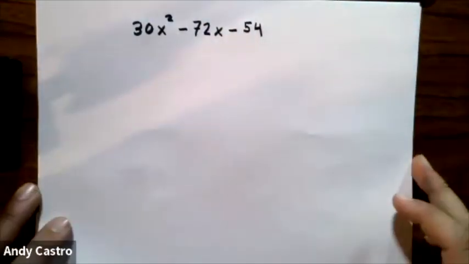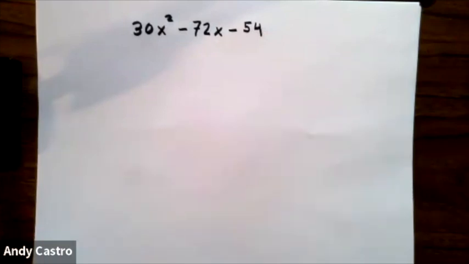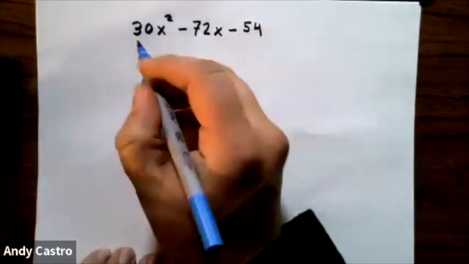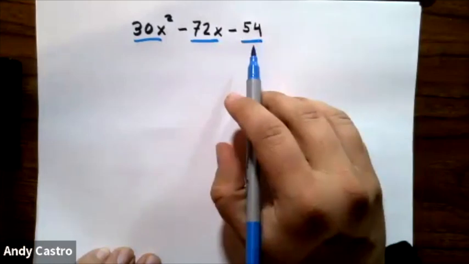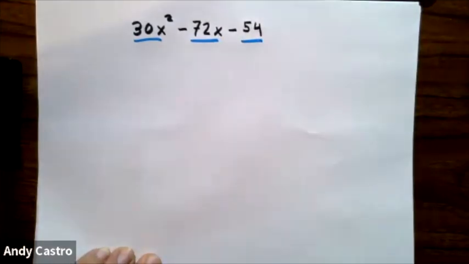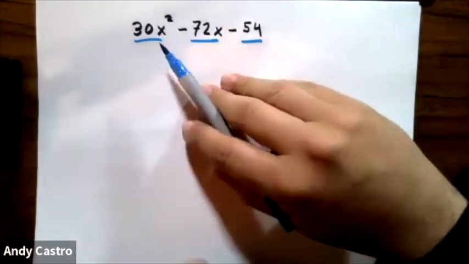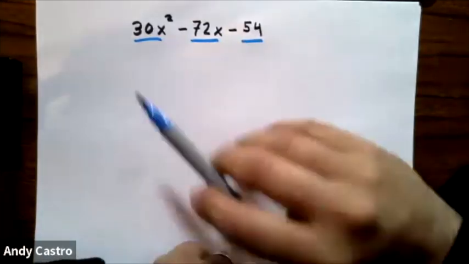Now, remember, the first thing that we want to check is to see if there are like terms in the original trinomial. We're specifically looking at trinomials, specifically quadratics, in terms of factoring.